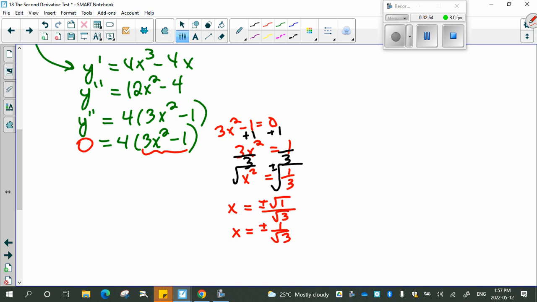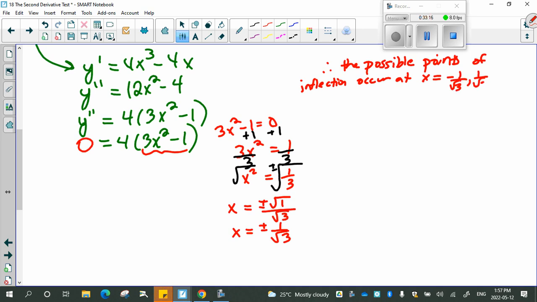So therefore, the possible points of inflection occur at x equals negative 1 over root 3 or 1 over root 3. Those are where my possible points of inflection are.